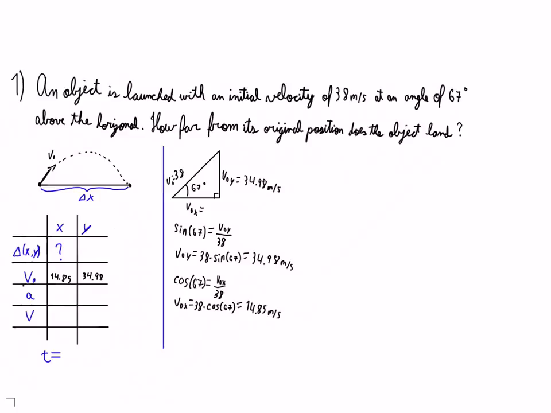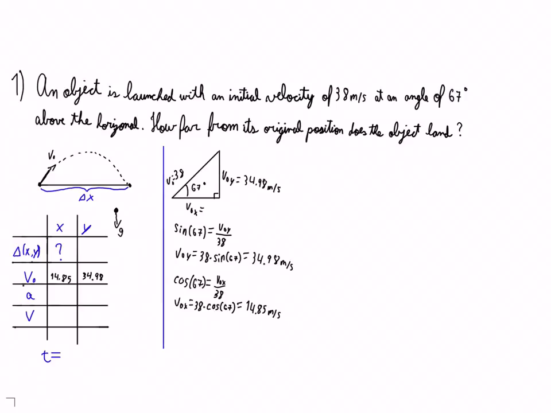So to do acceleration, picture this. Look at this point, and pretend that this point is the object that is being launched. The only thing acting on this object is gravity, correct? Because once I applied an initial velocity on this object, nobody's touching it anymore. The only thing acting on it is gravity. Therefore, if this is the object, the only force acting on it is pointing down, and that is the acceleration of gravity.